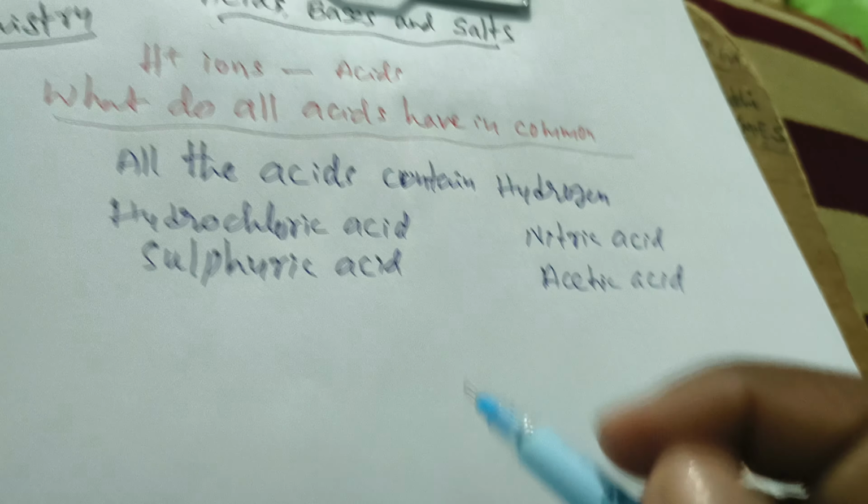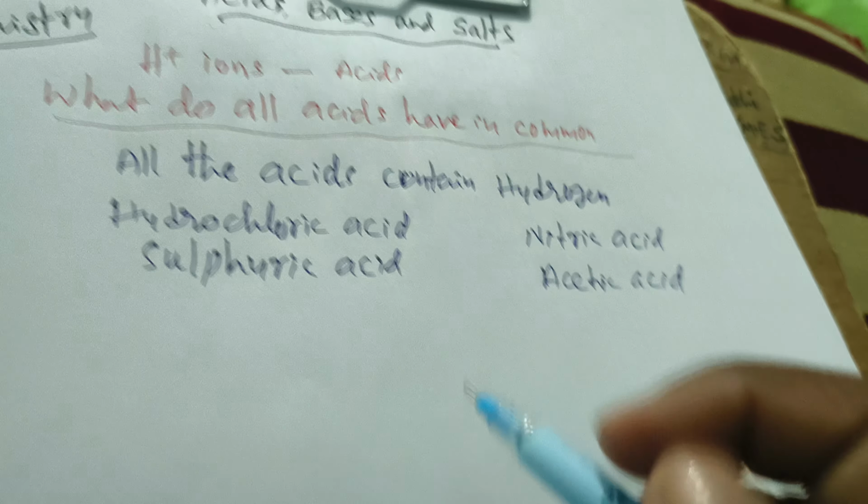So the most common thing in the acids is the presence of hydrogen ion, or H plus ion. This H plus ion, dissolved in water, is called a hydronium ion.